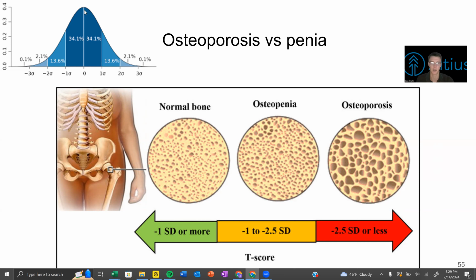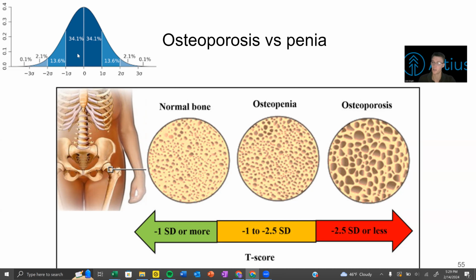So everybody on the earth, right in the middle, this is your average bone mineral density, okay? So the majority of people, say 68% of the population, is within 1 standard deviation away from the normal, okay? If I get a T-score of -1, that means that I am within 1 standard deviation away from the normal amount of bone mineral density, okay?